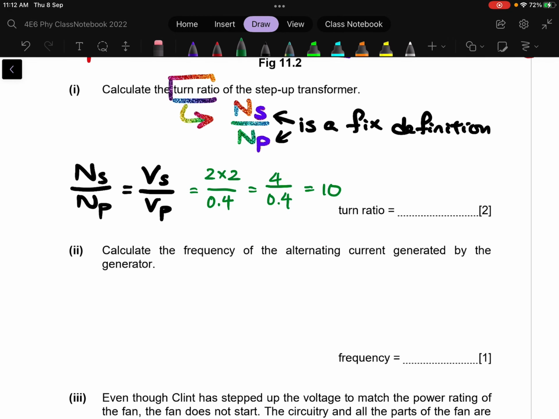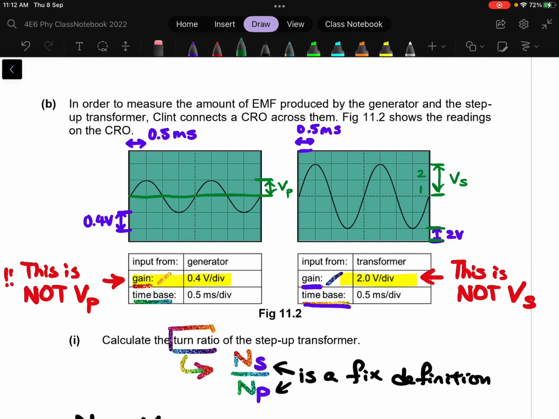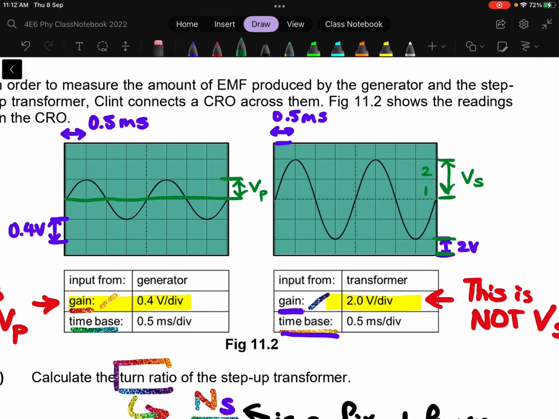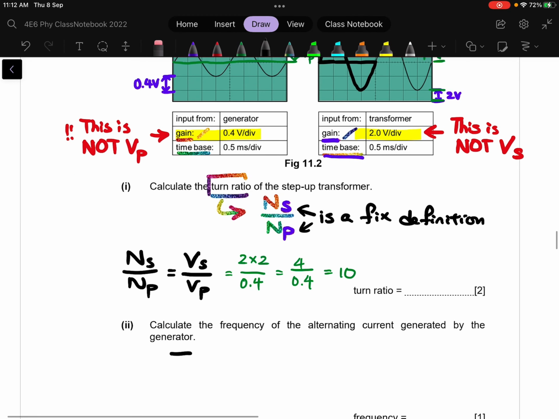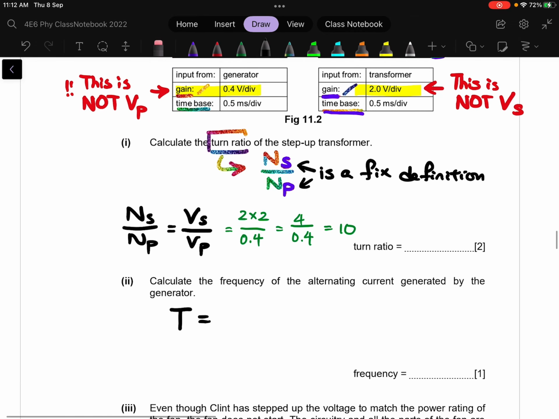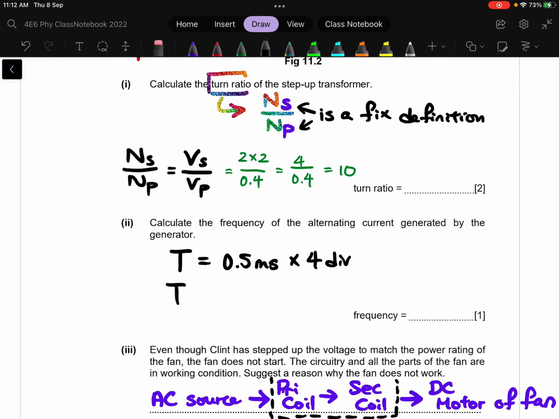Okay, next thing is to find the frequency of this alternating current. If you read the graph directly, you can't find the frequency, but you can see that within 1 square, 2 squares, 3 squares, 4 squares, you can generate one full wave. So from the graph, your period is given by 0.5 milliseconds multiplied by 4 divisions, so you will get a period of 2 milliseconds.